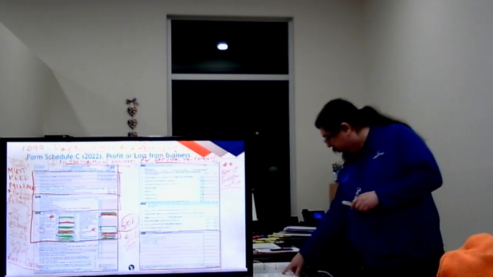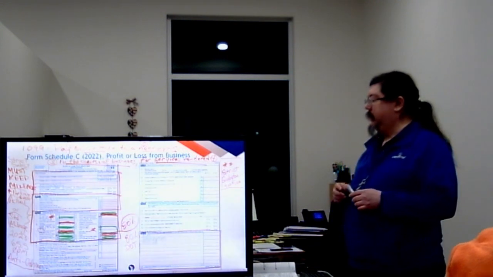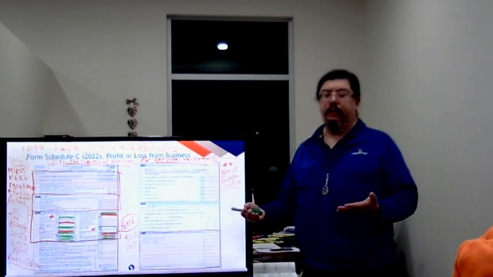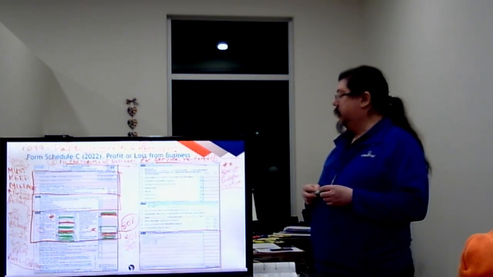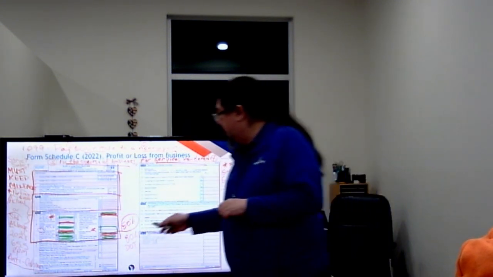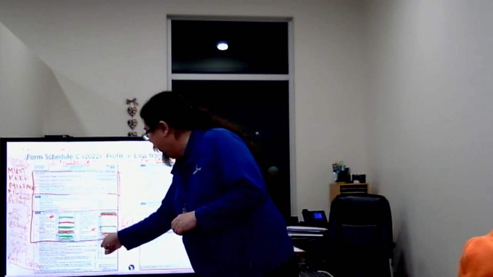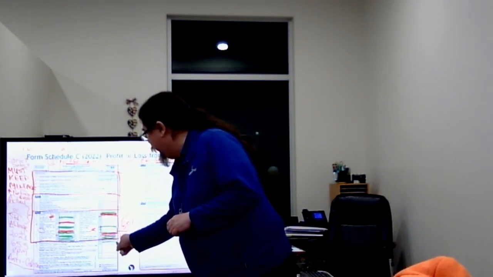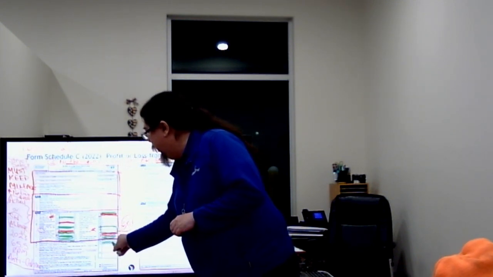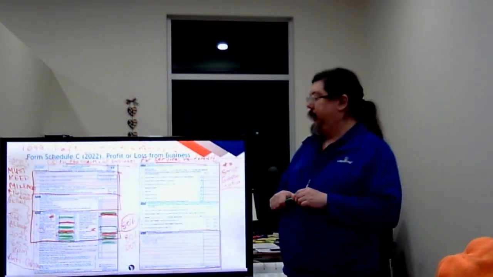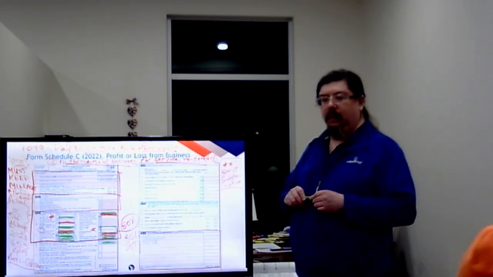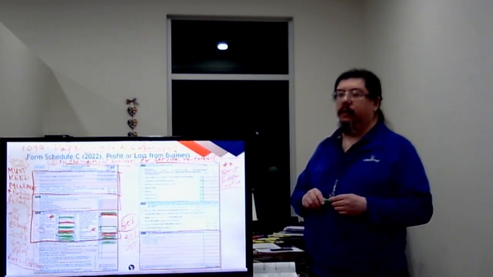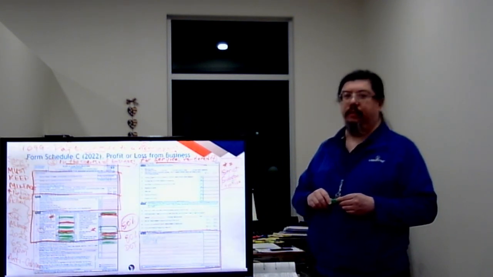Line 28 is where you total up all of your expenses between lines 8 and 27, and then you subtract your expenses from your income. And you'll get something that we'll call your tentative profit on line 29. And this is basically your profit before counting any business use of home deduction. The reason is business use of home deduction is only deductible if you have a profit.